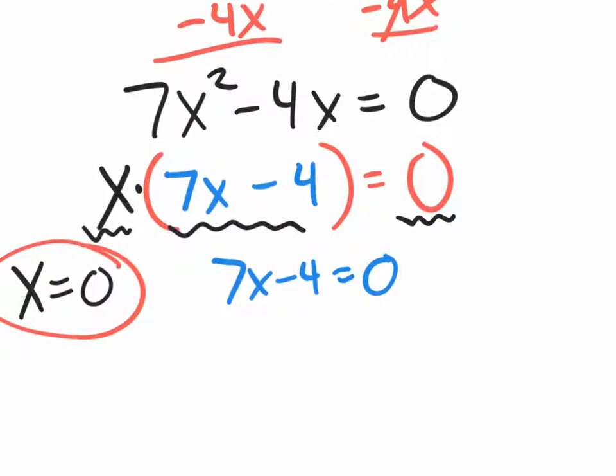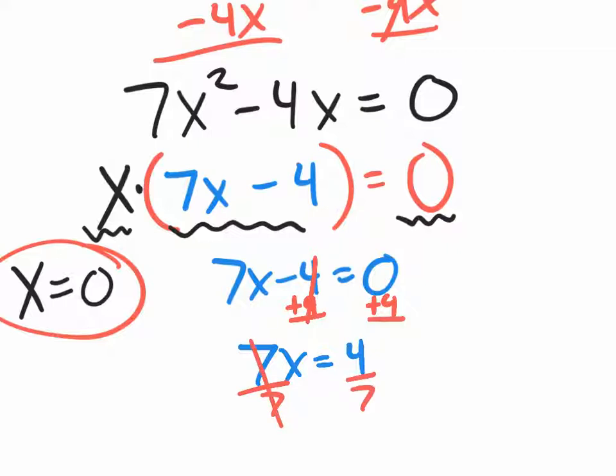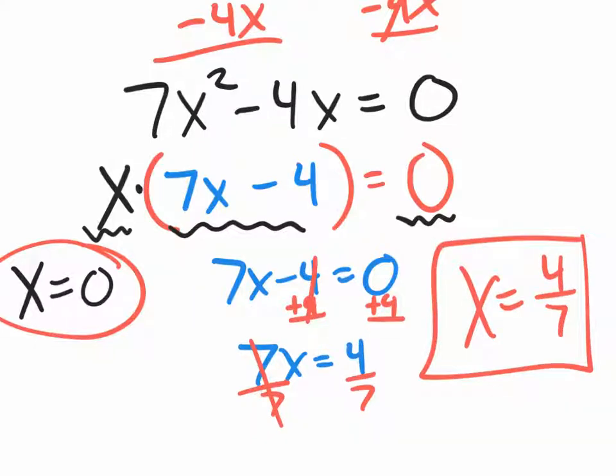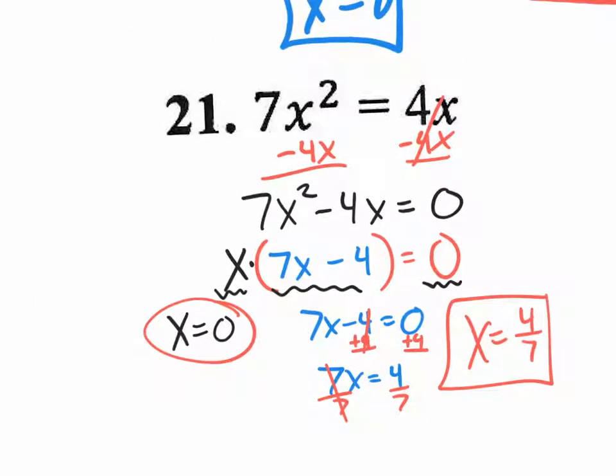This one gets a little bit ugly. Not ugly, you end up with a fraction, big deal. How do you get rid of that 4? You go plus 4, rewrite it, 7x equals 4. After that, divide by 7, and you're done. X equals 4/7. So your two answers for number 21 are 0 and 4/7.